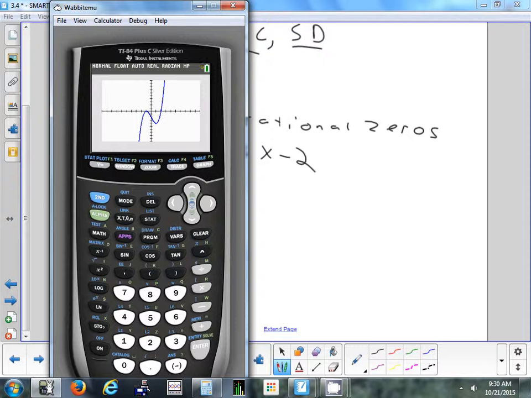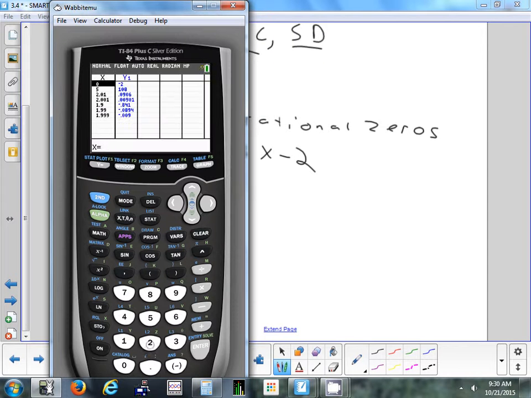Looks like we have a couple possibilities. We've got negative 2. What does it look like it's happening at negative 2? When the graph comes up, it touches and it goes away from it quickly. Does anyone remember from yesterday? Yeah, it could be a repeated root. And then we also, looks like we have a root at 2.